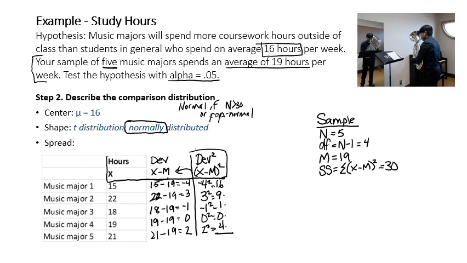From here, we can continue on to get some inferences about the population, or the comparison distribution. So, for example, it's given in the problem that they spend an average of 16 hours per week. So we know mu equals 16. Now, we can't get the variance straight anymore, so we have to estimate the variance.